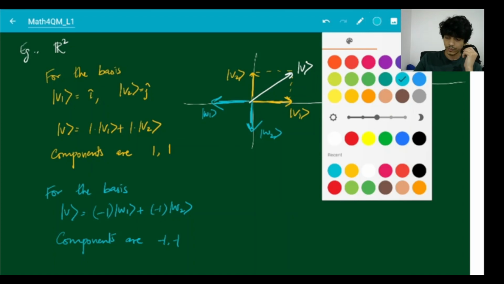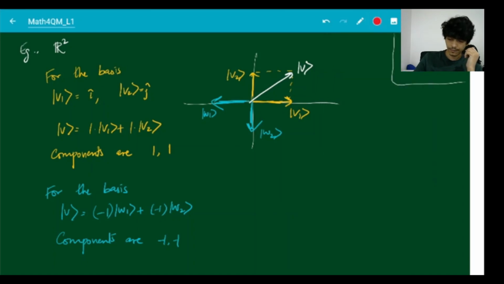I don't have to take these two. I can take this x1 and some other thing, and this as x2.